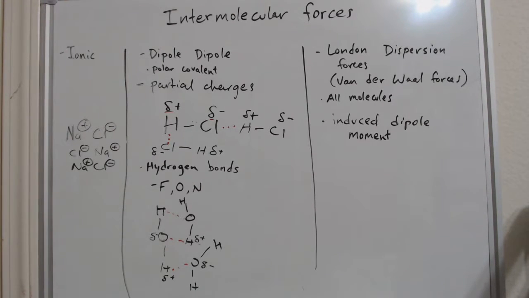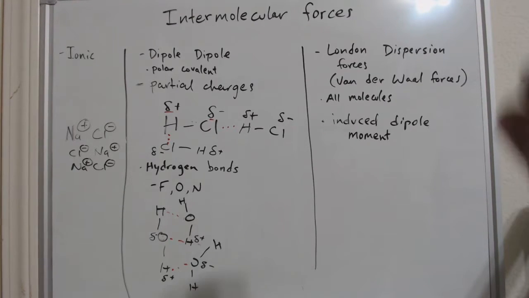The second force is the dipole-dipole force, and it usually is a force present in molecules that have polar covalent bonds, and it acts through partial charges. So, for example, in this hydrochloric acid molecule, the hydrogen and the chlorine are in a polar covalent bond.